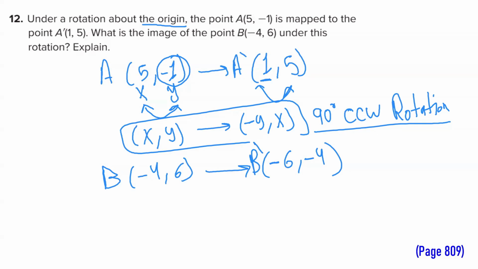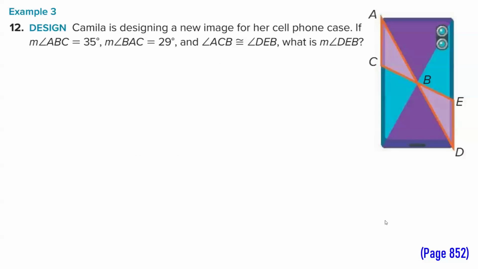Next. Design. Camilla is designing a new image for her cell phone case. If the measure of the angle ABC, that angle here, is 35, and the measure of the angle BAC is 29.